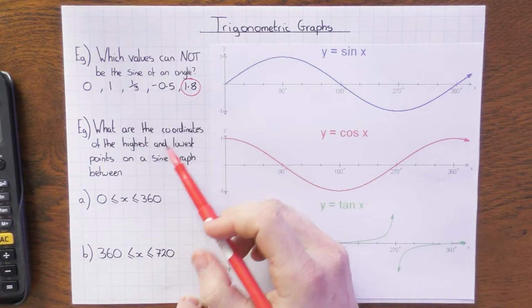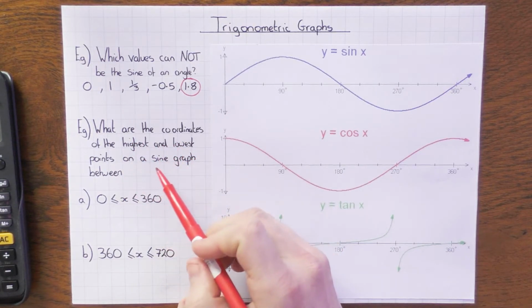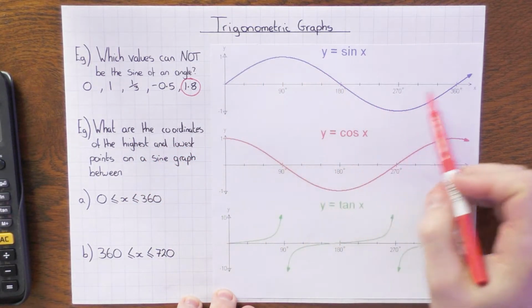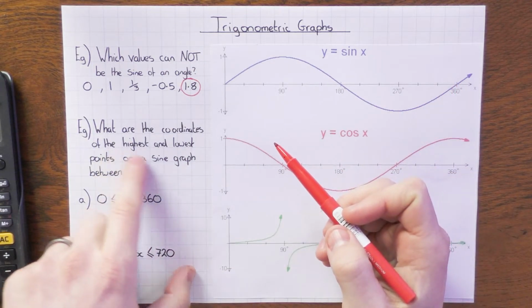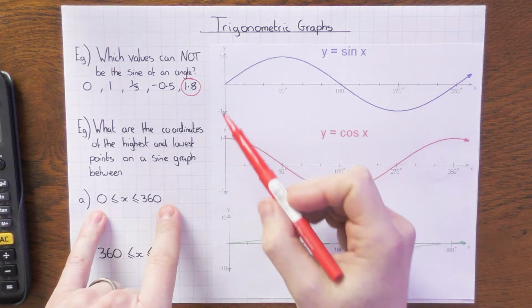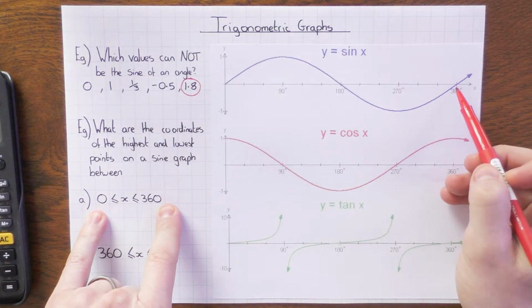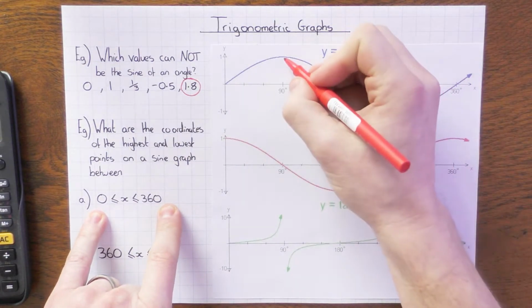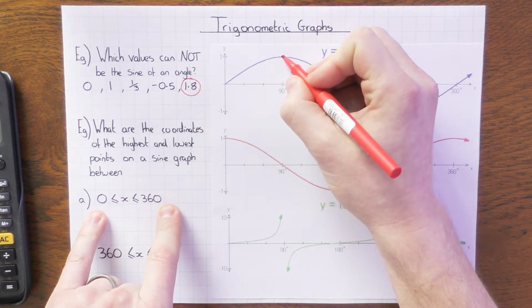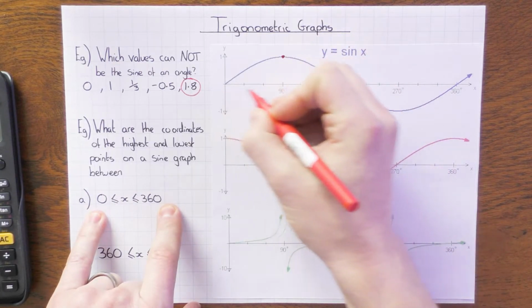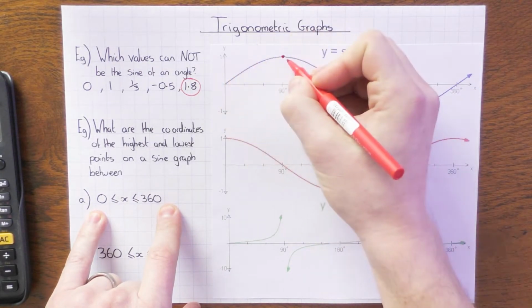What are the coordinates for the highest and lowest points of a sine graph? So here I'm looking at the sine graph, and notice it's between 0 and 360 degrees. The highest point is easy. It's going to be this point here. So the coordinates of that, remember, x is along the corridor and then y up the stairs.